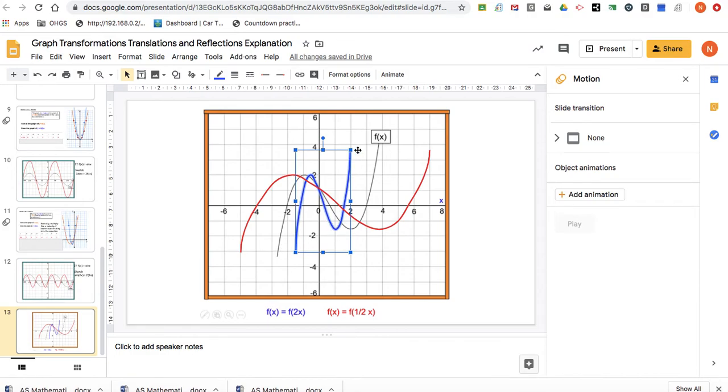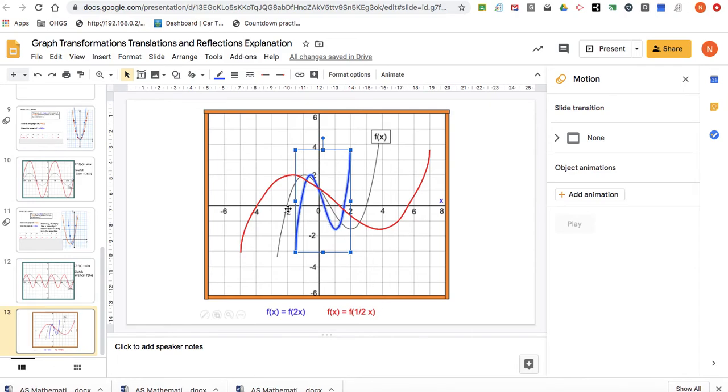Okay, and you will only be asked to sketch these, so it's just getting an idea. Half of 0 is 0, so that point there stays the same. Here, if I've got y equals a half x though, 1 over a half is 2. So this time, because 1 over a half is 2, each of my x values doubles.